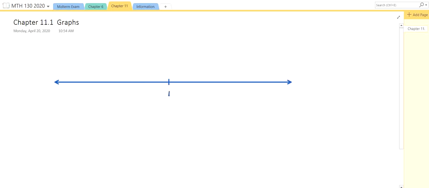Perhaps I'll put the natural numbers on a number line, and these numbers would go on forever in that direction and increase by a whole number increment each time.